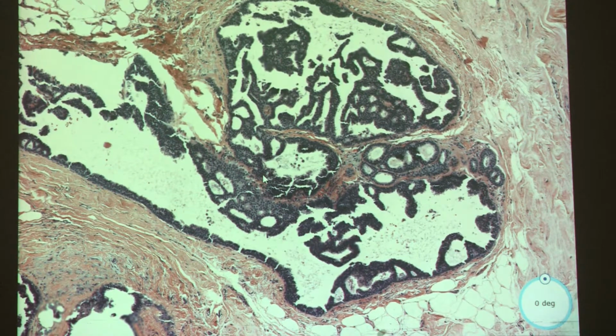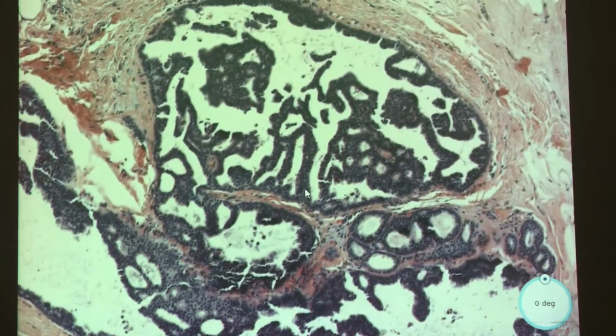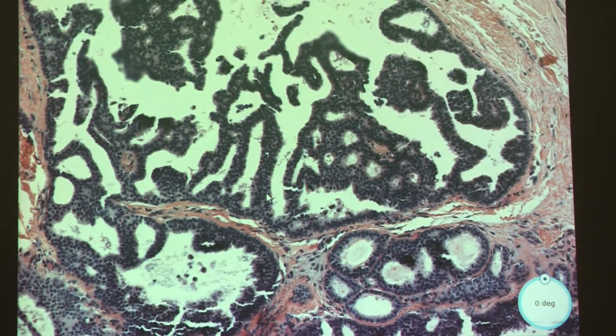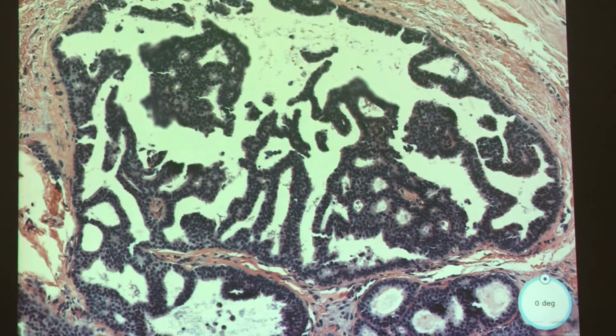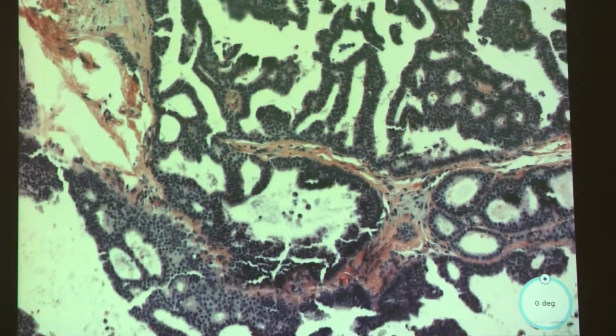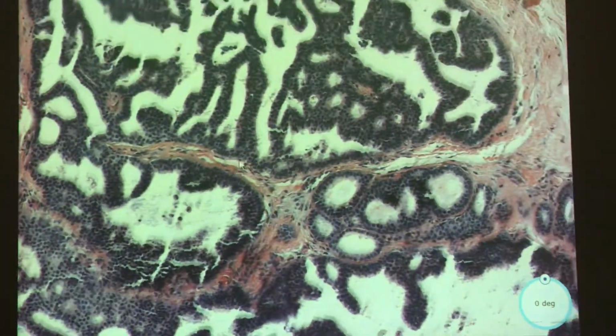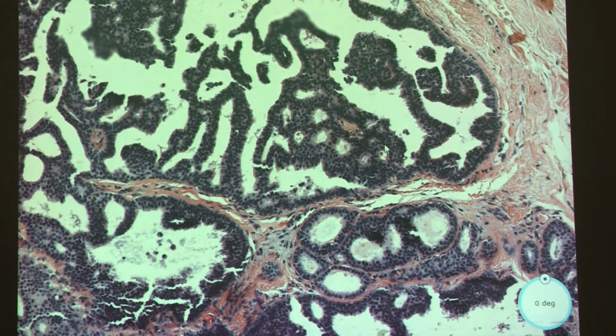If this wasn't papillary, then you could go into, well, what architecture of DCIS is this? And there's a few different architectures that I see in this lesion. Are there any that you want to point out? Well, this area looks more like cribriforming. Yes.